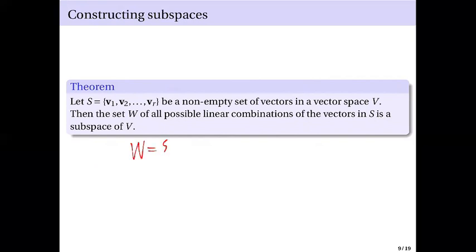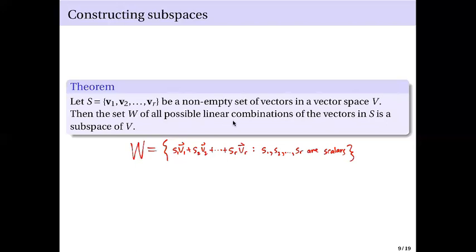These are all possible linear combinations: S1 V1 plus S2 V2 plus until SR VR. Here S1, S2 until SR are scalars. So this is your set W.